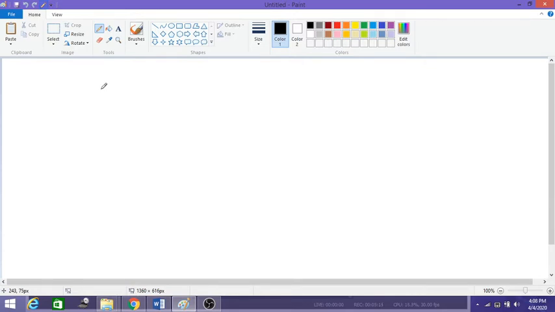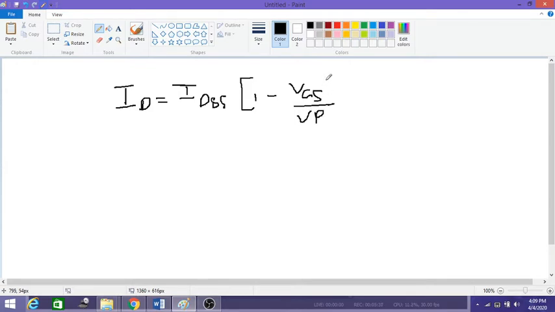So the simplest way of obtaining the transfer characteristic graph is by using this equation, that is ID is equal to IDSS of 1 minus VGS by VP, whole square.